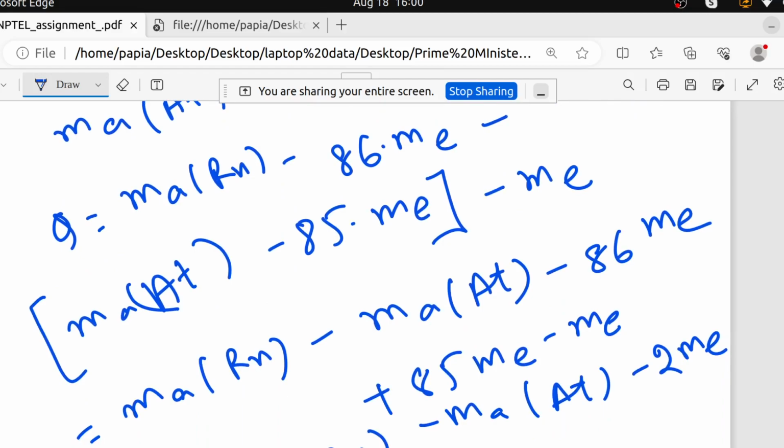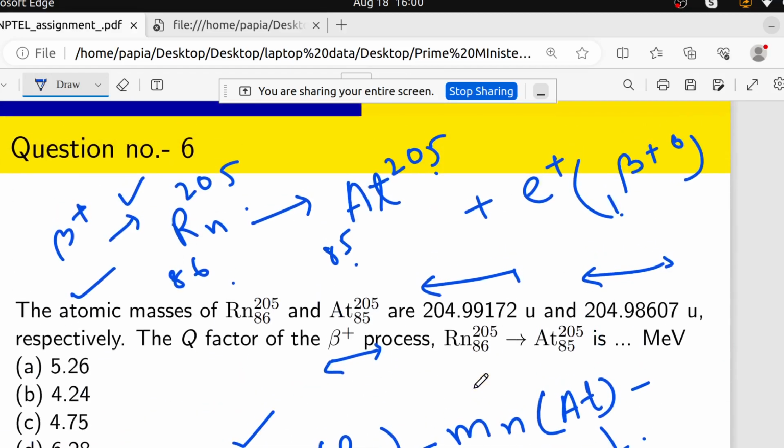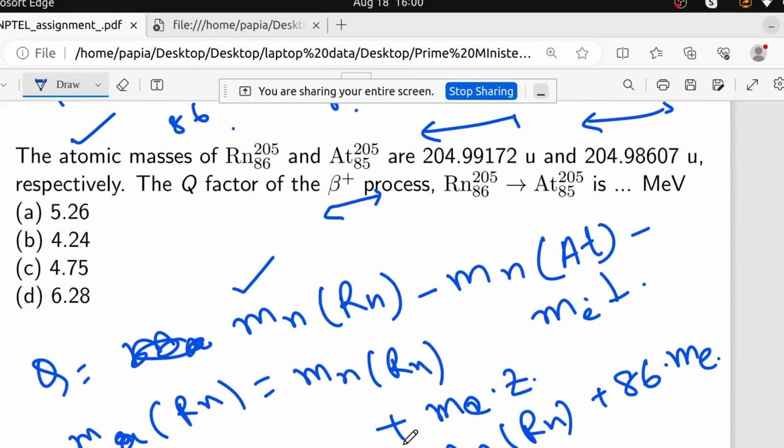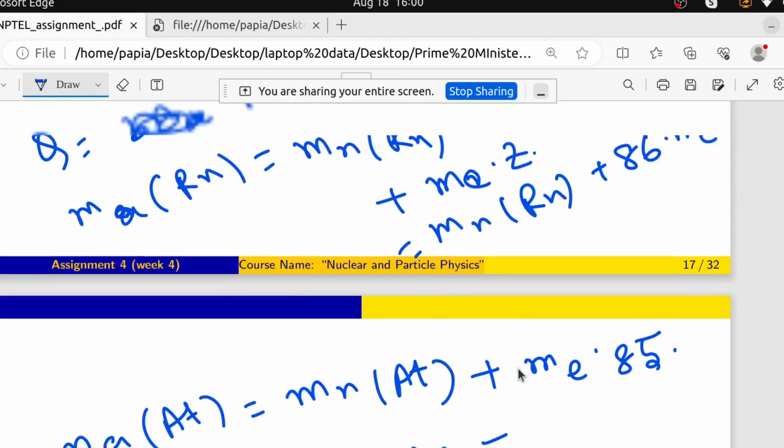You can see that for beta minus decay, there was only Ma of Rn minus Ma of At, but for beta plus decay it is Ma of Rn minus Ma of At minus 2 into Me. So you should remember these expressions, because they are giving atomic mass. If they give nuclear mass, then there is no need to subtract anything.